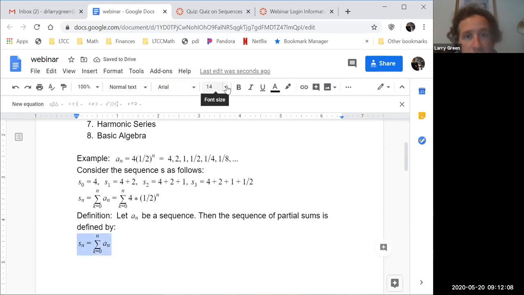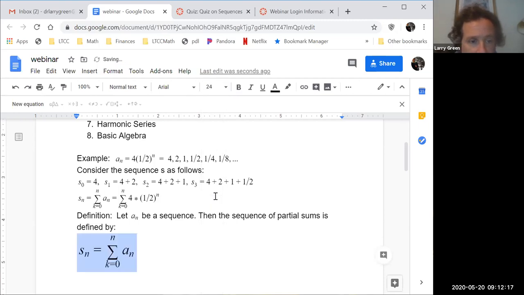Let's make it a little bigger. Good. And this is the sequence of partial sums. Any questions on this definition?